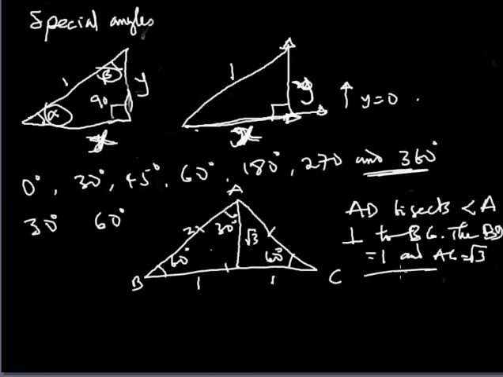So considering this, we have sine 30, making this the adjacent, this the hypotenuse, this the opposite.